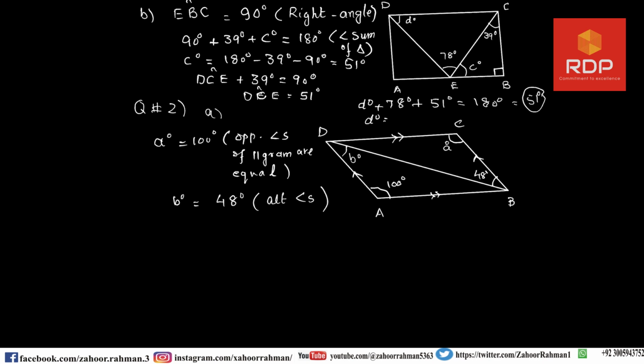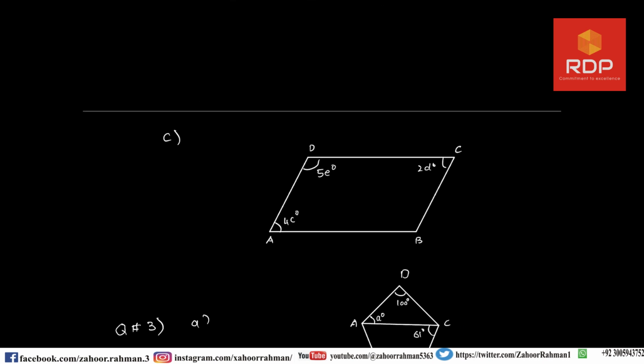So it means that this angle will be equal to this angle by the theorem of alternate angles, and we discussed that in greater detail in the previous lectures. If you want to see my previous lectures, go to the lecture and learn it. Now that was the whole story about part number A.